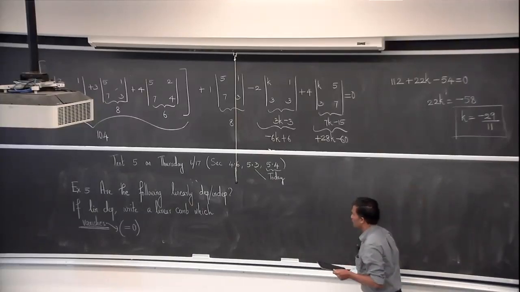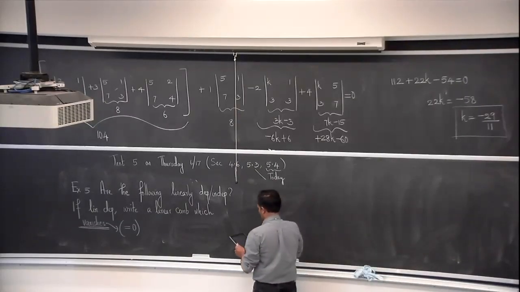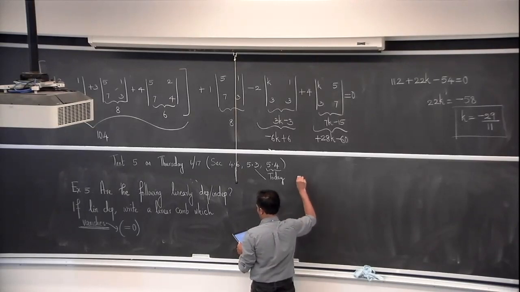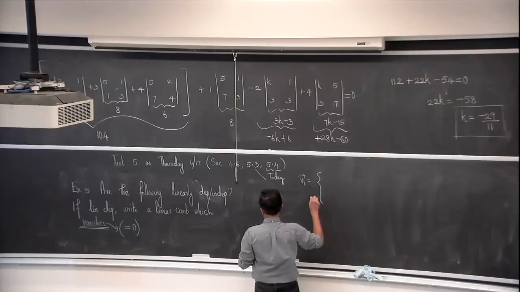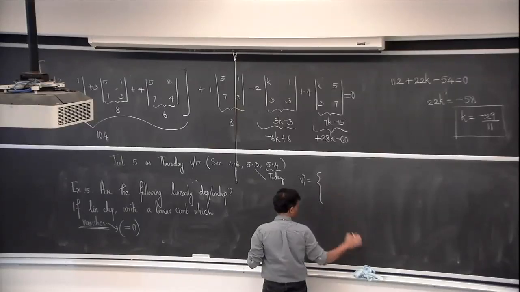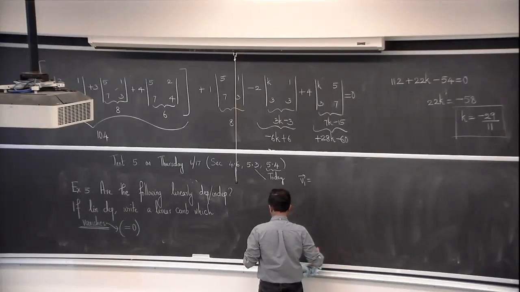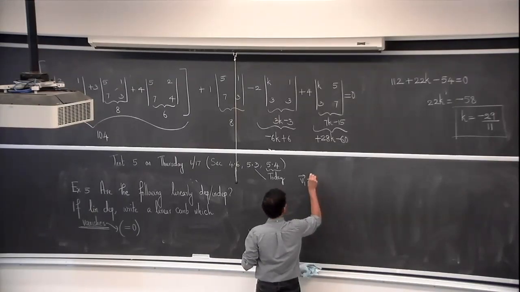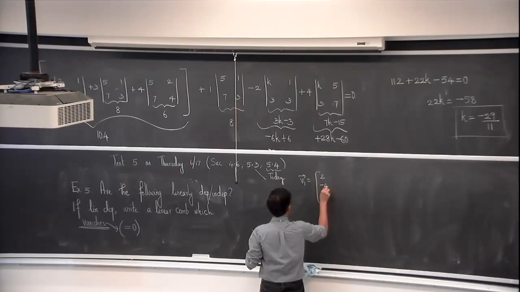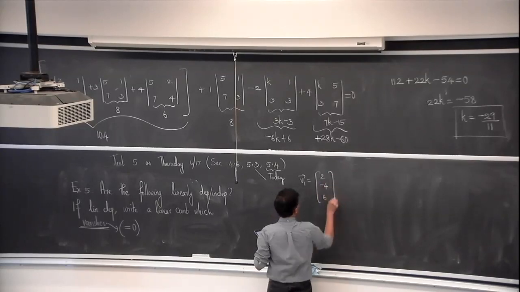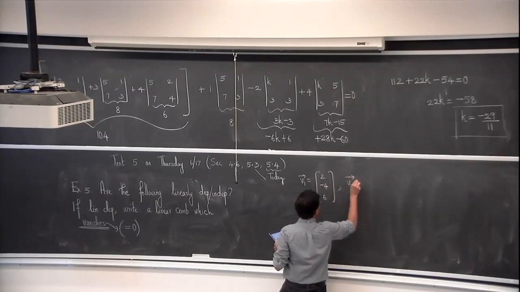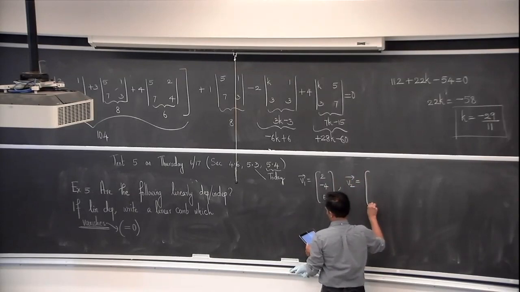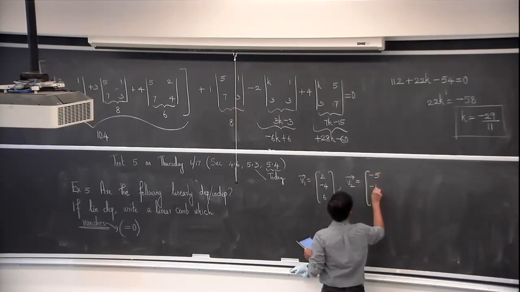Yeah. All right, so the vectors for this particular question are v1 equal to 2, -4, 6, and v2 equal to -5, +10, -15.